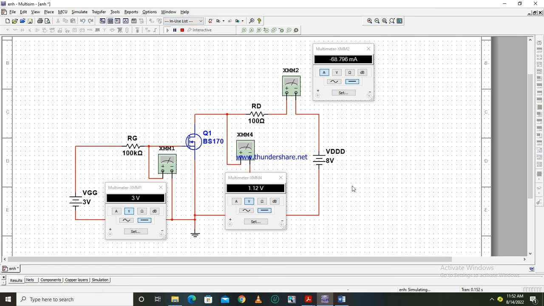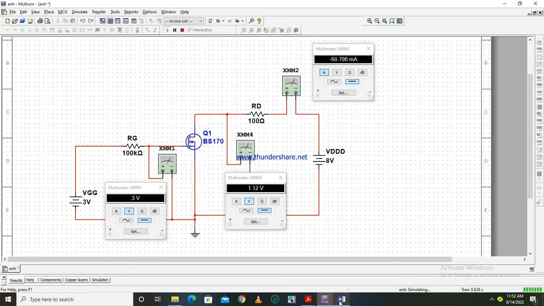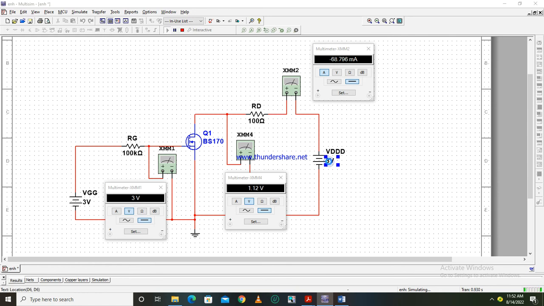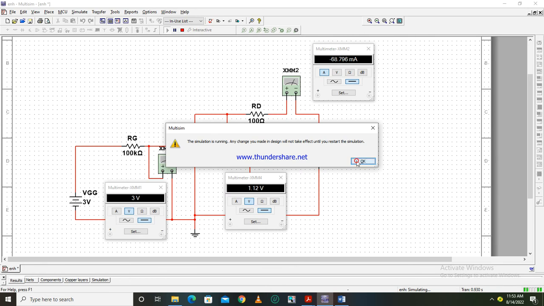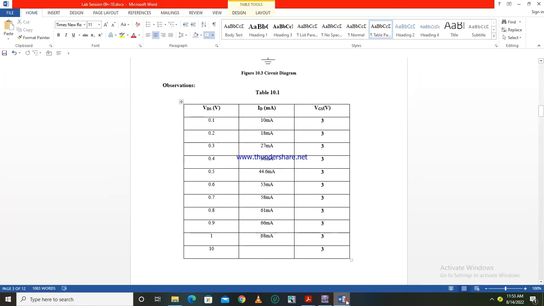At 1 the current is 68 milliampere. Now from 1 I'm going to change this to 2, and you can see that at 2 the current is 70 milliampere.